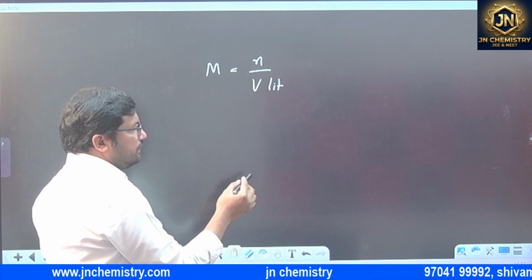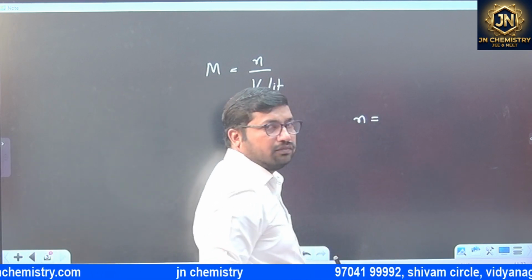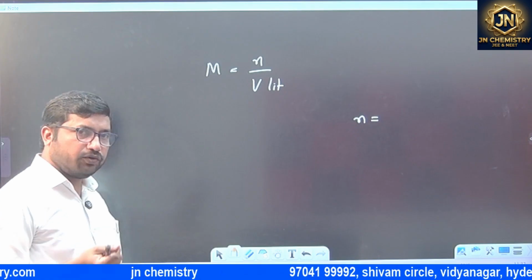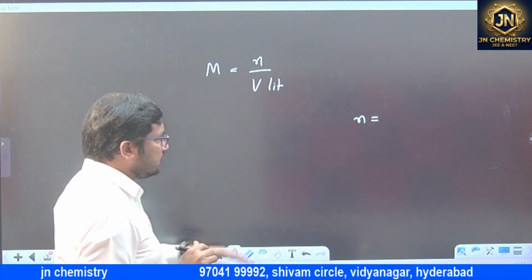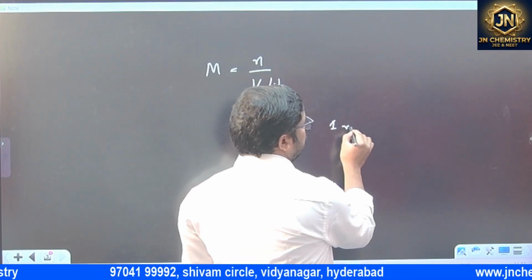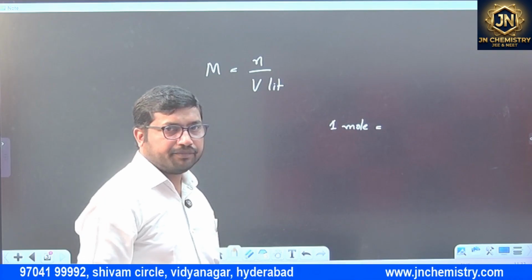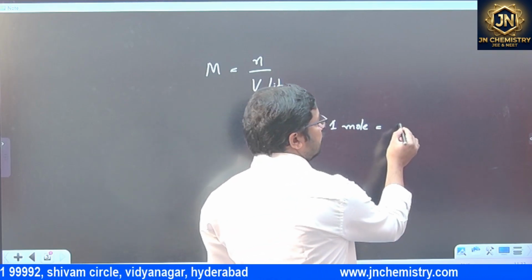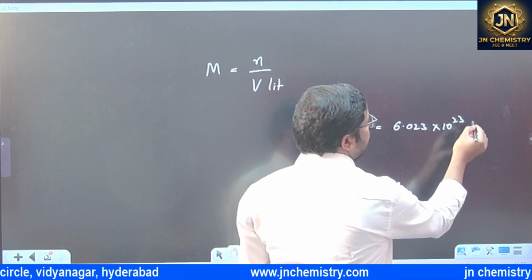So what is the number of moles? It is very important. What is the number of moles? Weight by molecular weight is one way, any other things? Actually, the mole concept is important. One mole is equal to, if it is a number, 6.023 into 10 to the power of 23 what?